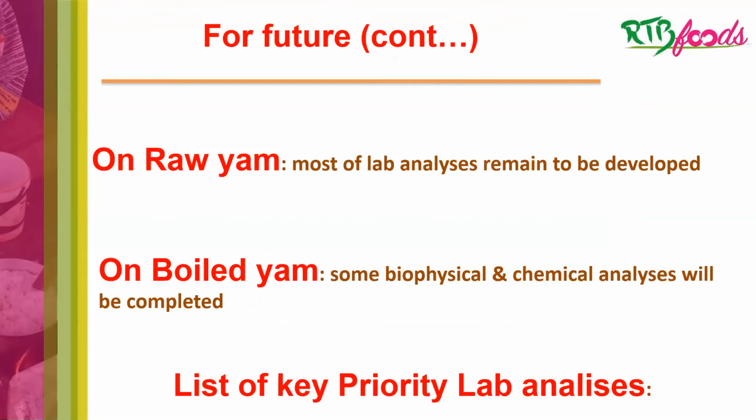On Boeing, we have some biophysical and chemical analysis to complete, instead of getting all of the relation between the sensory analysis and the biophysical parameter. At the last, when we will do all of those analyses and all correlation, we can select the list of key priority robust analysis for lab. That is the general approach we use here.